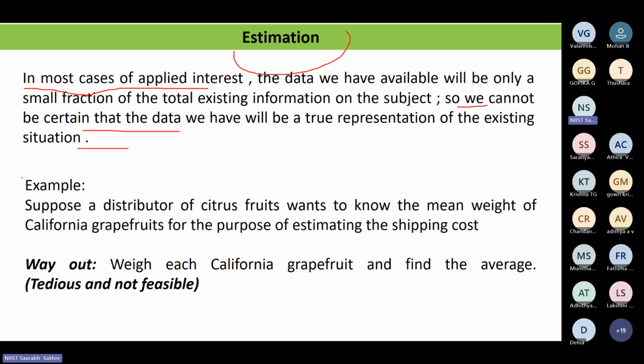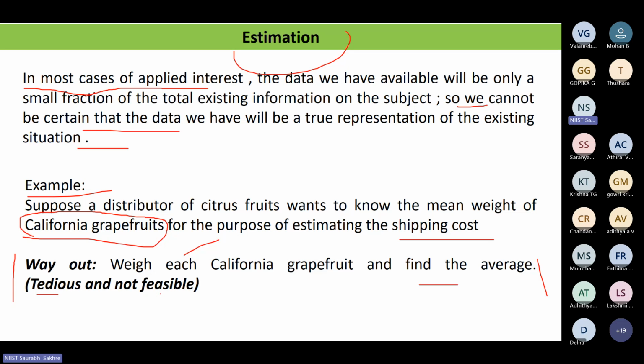Let's take one example: suppose a distributor of citrus fruits wants to know the mean weight of California grapefruits for the purpose of estimating shipping cost, because shipping cost will be based on weight. The straightforward answer is to weigh each California grapefruit and find the average, but with so many fruits that is tedious and not at all feasible.